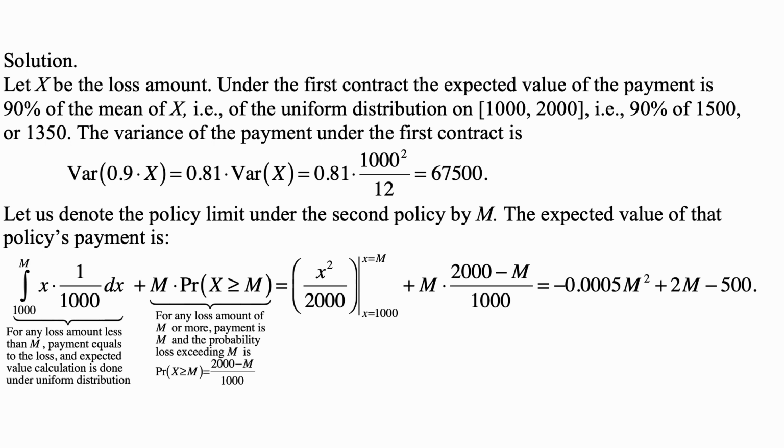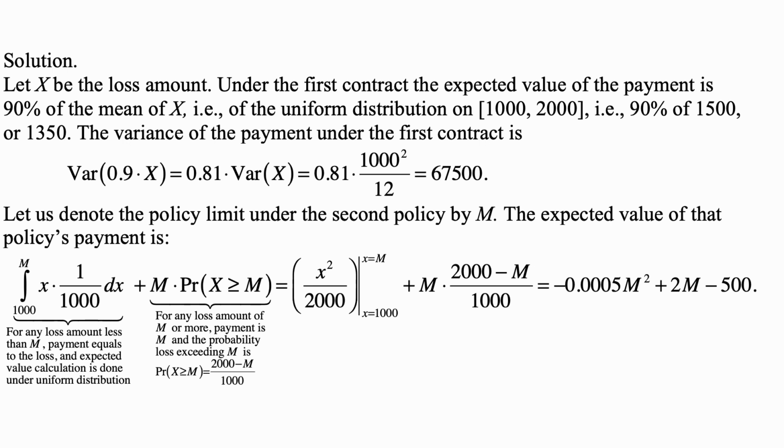And here's the solution. So let us write X for the loss amount. Under the first contract, the expected value of the payment is 90% of the mean of X. So of the uniform distribution on 1,000 to 2,000, so 90% of 1,500 or 1,350.